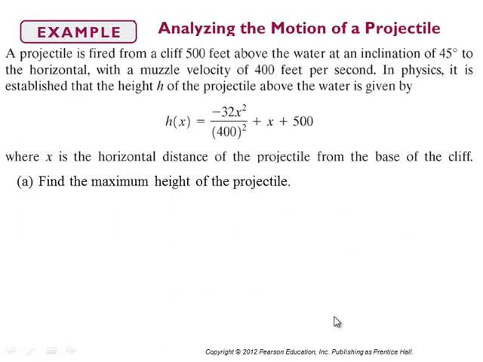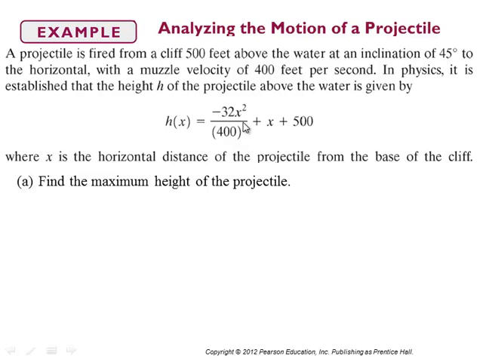Okay, now let's move on to the next example here. We use second degree polynomials to model projectile motion, like we talked about from the previous section. Here we've got this beautiful little quadratic function which models the height of your projectile as a function of distance traveled, where x is the distance.